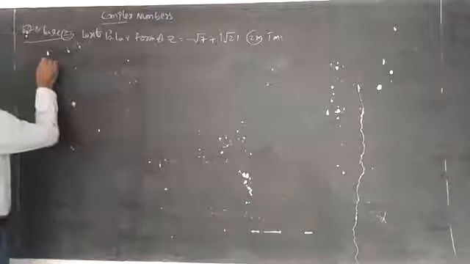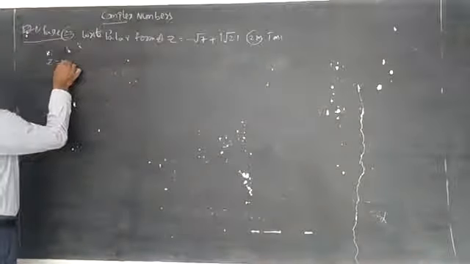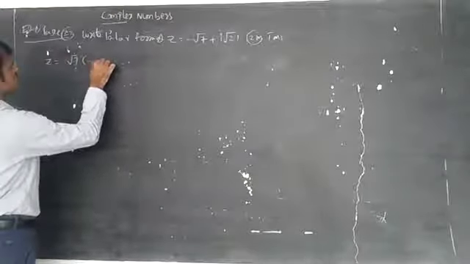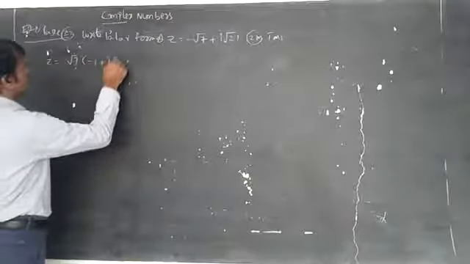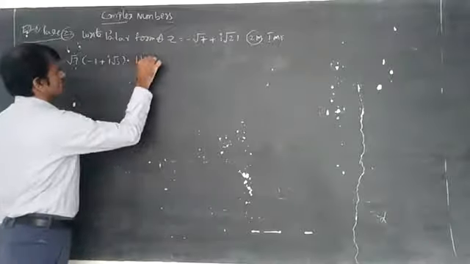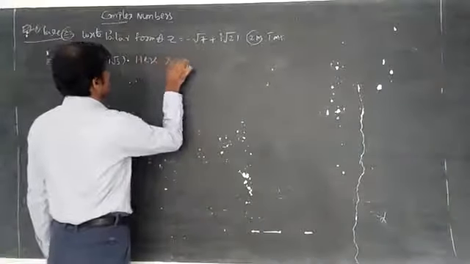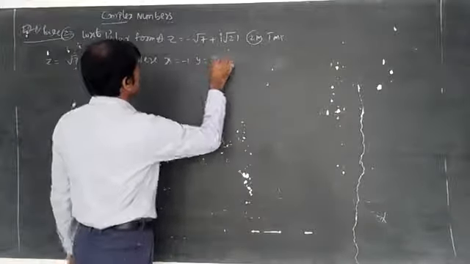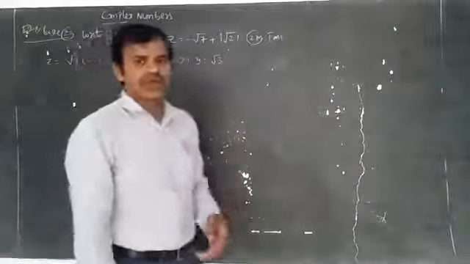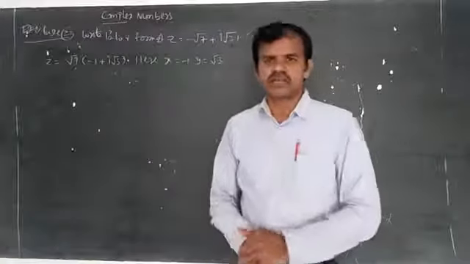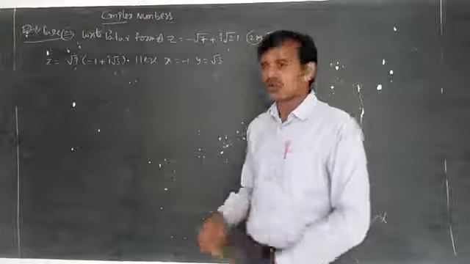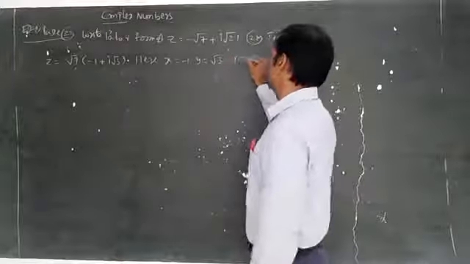Take minus root 7 common. It becomes minus 1 plus I root 3. Here you can understand x is equal to minus 1, y is equal to root 3. By the previous sum you can understand that r into cos theta plus I sin theta is the modulus amplitude form, where r is equal to root of x square plus y square.